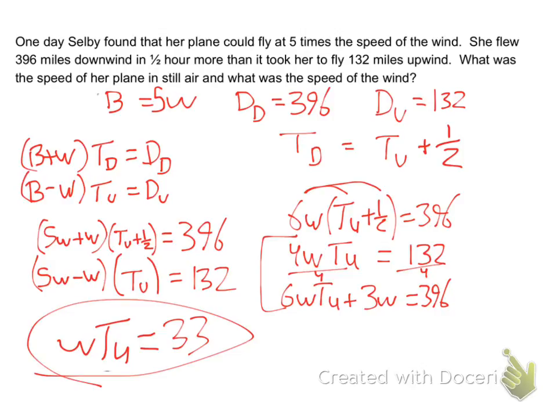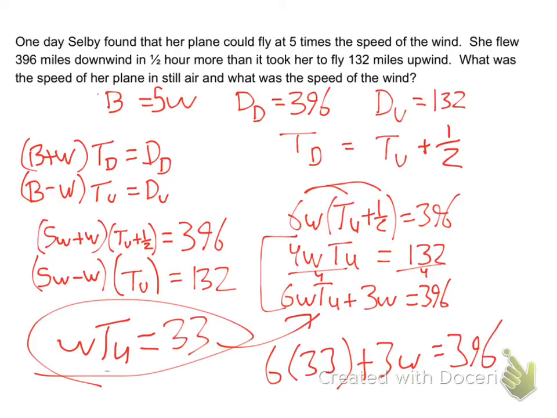And if that's the case, can I just substitute it into there? So it'd be 6 times 33 plus 3W is 396. Can I solve that for W? Yes, solve it for W to solve for TU.